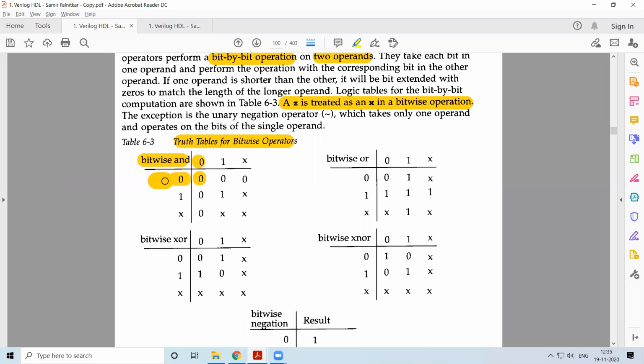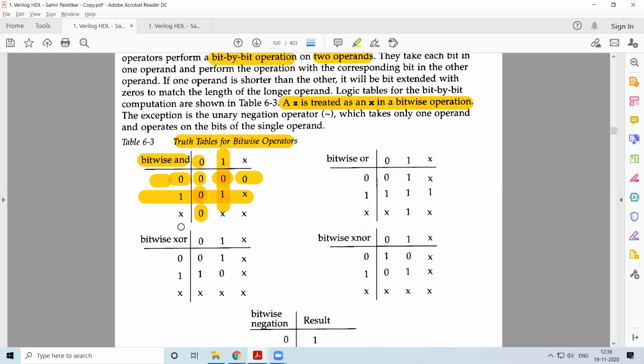Here this input is 0, therefore the result is 0, and here this operand is 0, therefore this result is also 0. Even if it is x, it is 0 here and 0 here. When both bits are 1, only then the result will be 1.